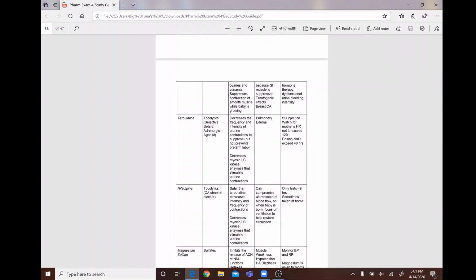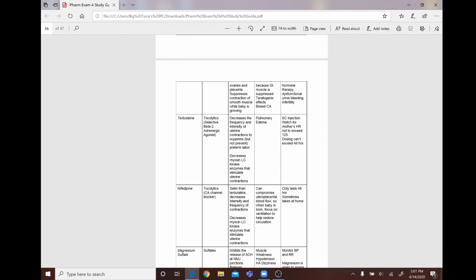Terbutaline, what is the drug class? Tocolytics, selective beta-2 adrenergic agonist. What is the action of terbutaline? Decreases the frequency and intensity of uterine contractions to suppress but not prevent preterm labor.